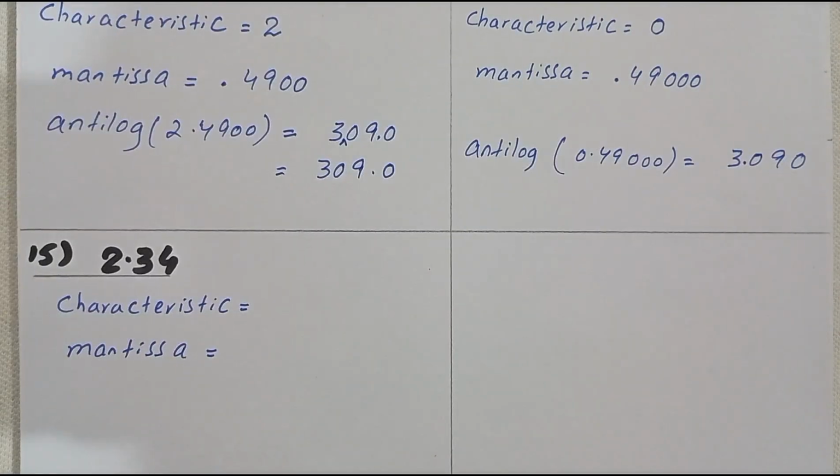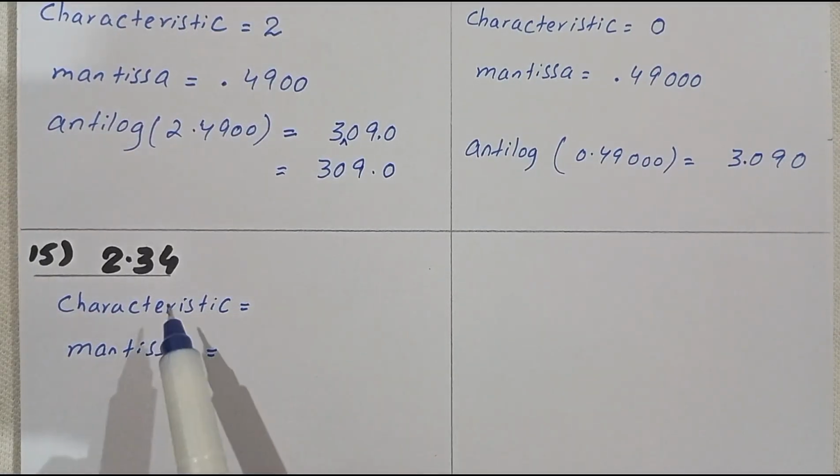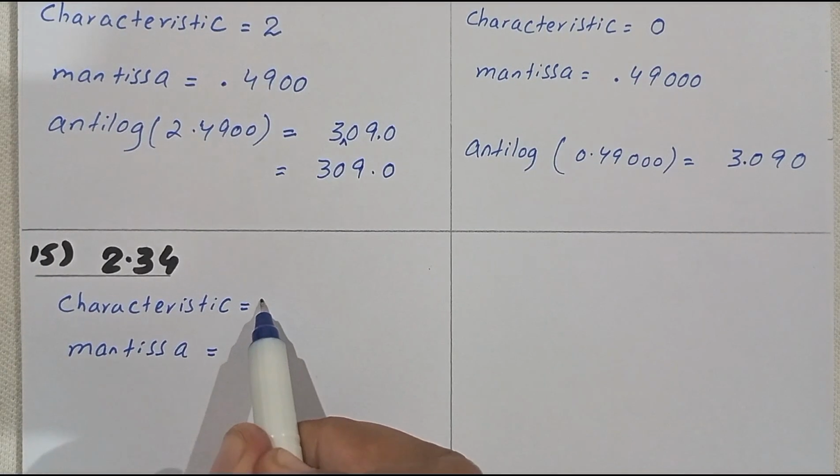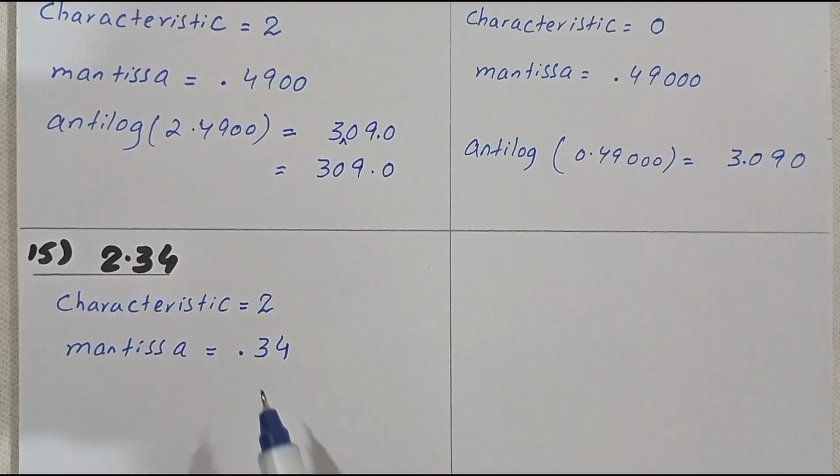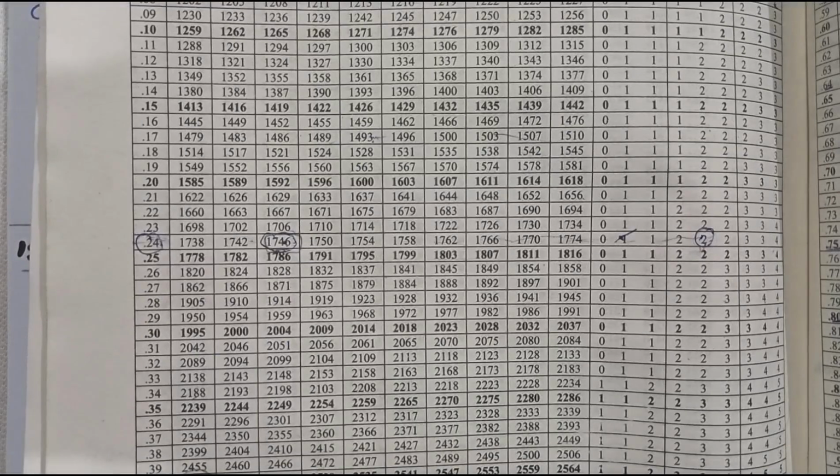So in last 15 part we have to find antilog of 2.34. Here characteristic is 2, mantissa is 0.34. So we have to look in antilog table value of 0.34 in 0. So the value of 0.34 in 0 is 2188.